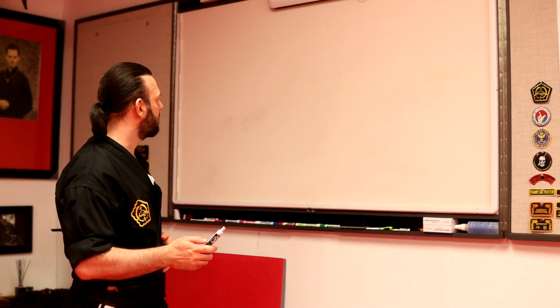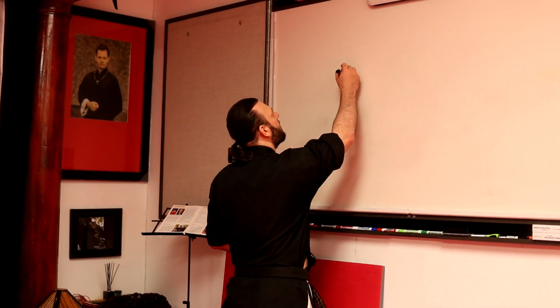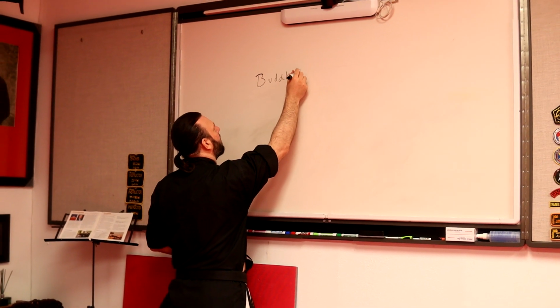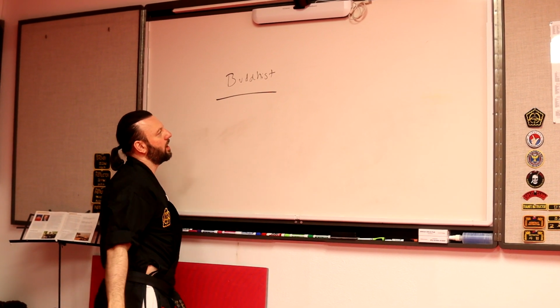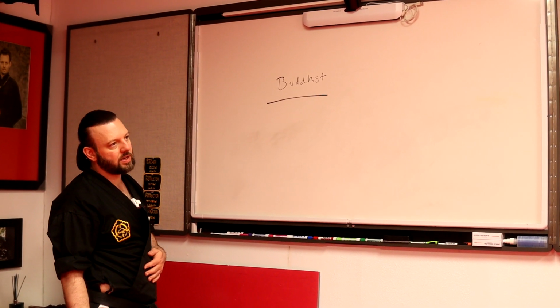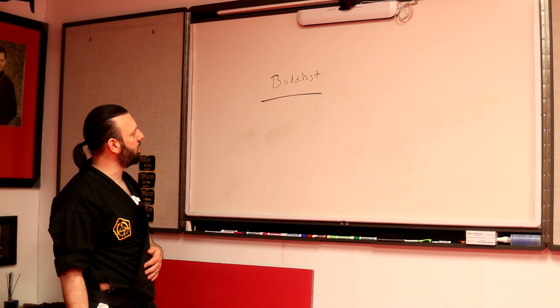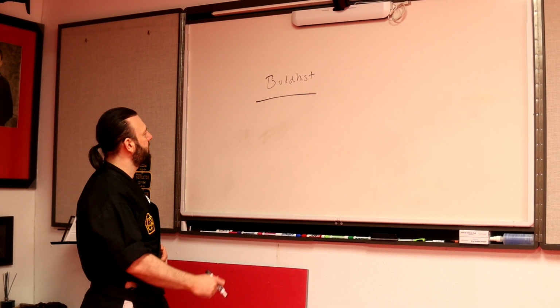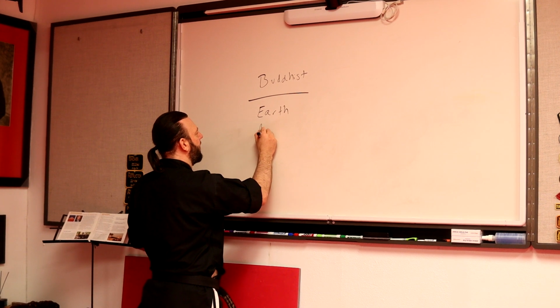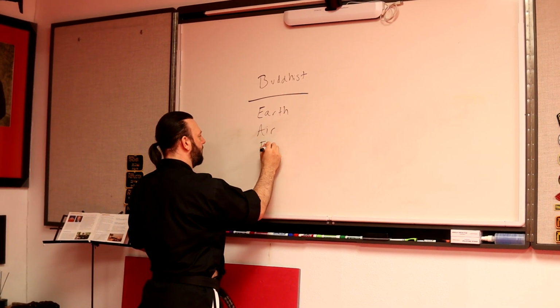So for a quick review, just to see what we're talking about, the Buddhist elements include the 4 elements that are known to us in the West from ancient Greek and European traditions, which are earth, air, fire, and water.